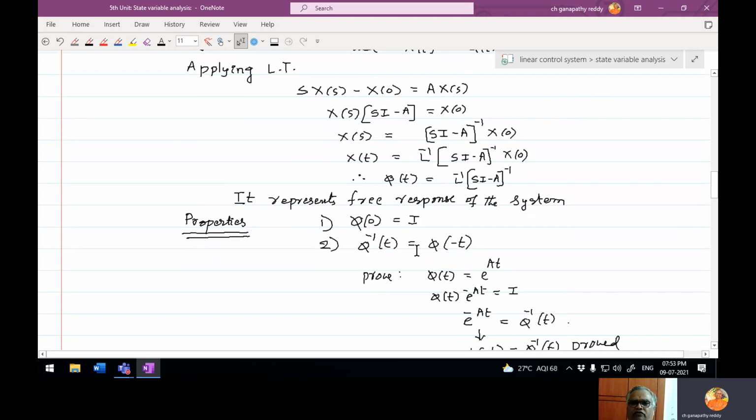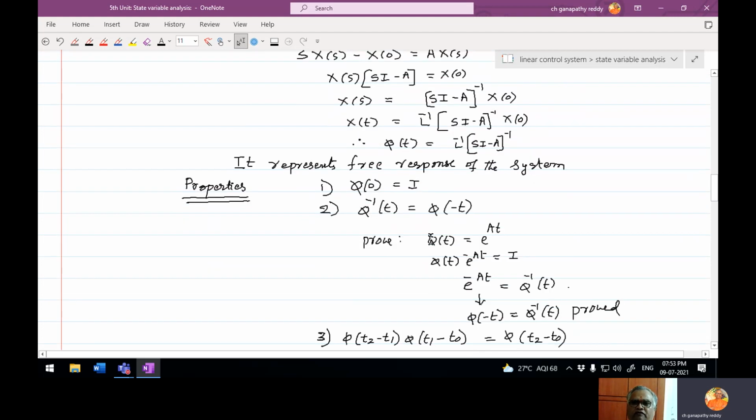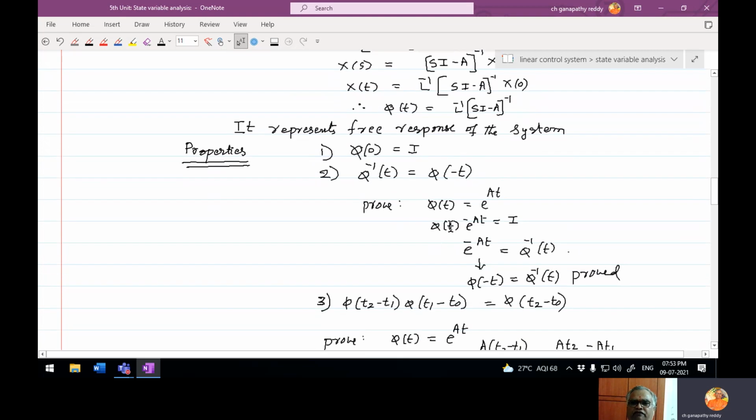Phi inverse of t equal to phi of minus t, second property. What is phi of t? e power At. Multiply phi of t with e power minus At on both sides. On the left side e power minus At, whereas on the right side e power At into e power minus At cancel, and you will get I. Then e power minus At equals phi inverse of t when it goes to the right side.